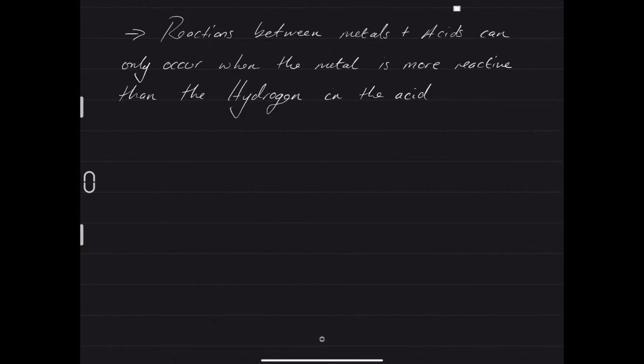When we looked at the reactivity series and the order of reactivity, hydrogen and carbon were like marker points. And as I just mentioned, we have a set of metals that are below hydrogen in that reactivity series. Next point is that all acids contain hydrogen.